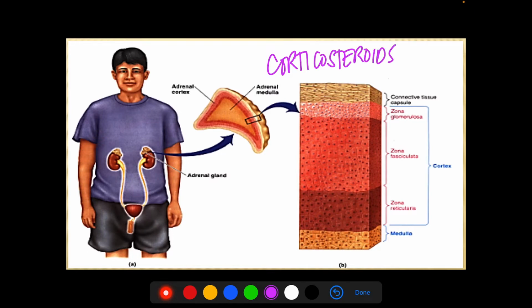And we have for the zona glomerulosa the mineralocorticoids, again for the aldosterone. For the zona fasciculata, again, we have the glucocorticoids, particularly the cortisol. And also for zona reticularis, aside from the DHEAS, we also have estrogen, progesterone, and testosterone. And how about your adrenal medulla?